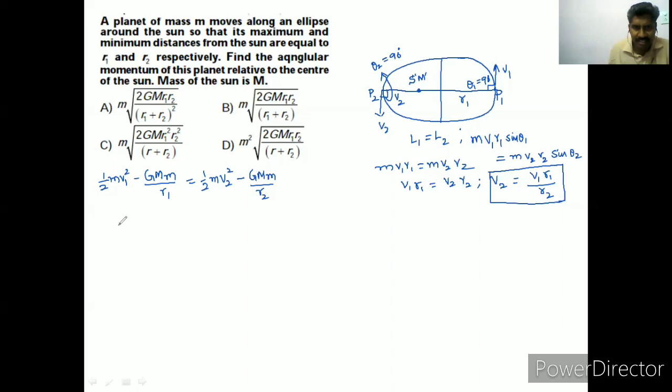So the first term is half v2 square minus half v1 square, which is equal to G M by r2 minus G M by r1. Taking half common on one side and G M common on the other, v2 square minus v1 square is equal to 2 G M into (1 by r2 minus 1 by r1).